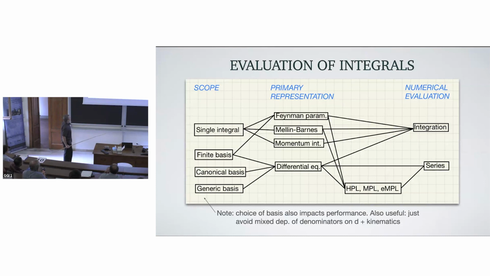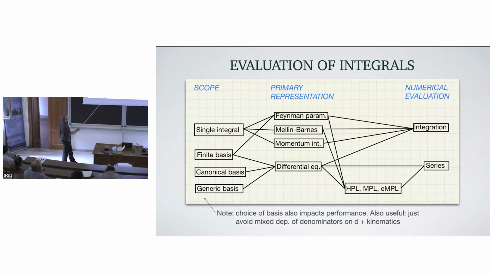Working with different representations, you can choose to perform direct parametric integrations. And if you work with finite integrals, you can do this after expanding in epsilon, where epsilon is the dimensional parameter, the deviation from 4 dimensions.